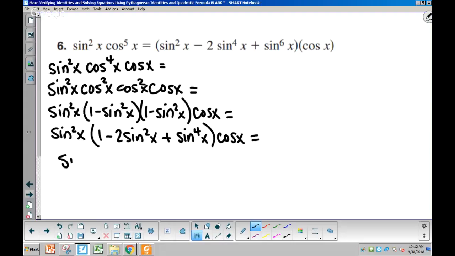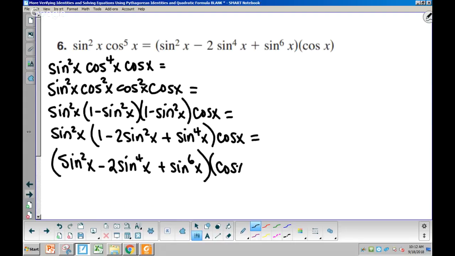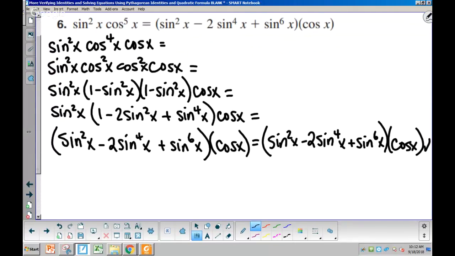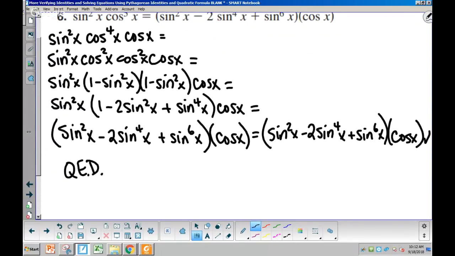So it would be sine squared x minus 2 sine to the 4th x plus sine to the 6th x, all times cosine x. Lots of writing. And we have proven it.